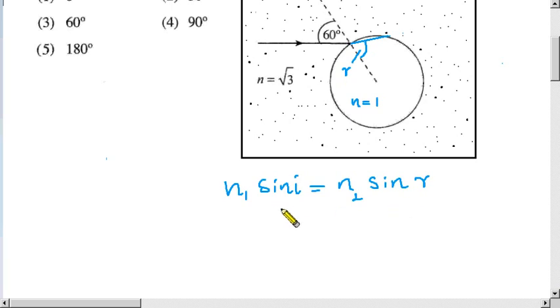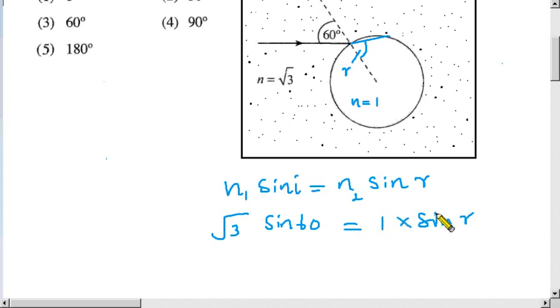This one will not confuse you. So n1 is √3, sin i is sin 60, equals n2 is 1, then times sin r. The angle and the refractive index are in the same medium.